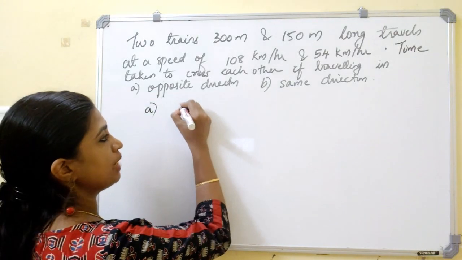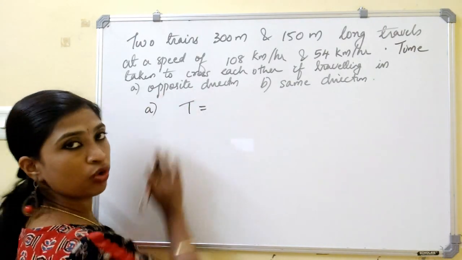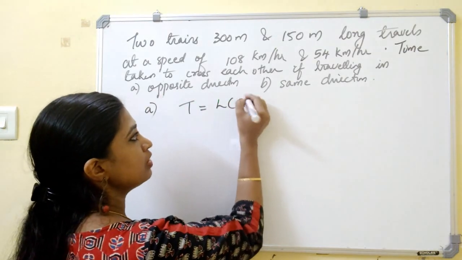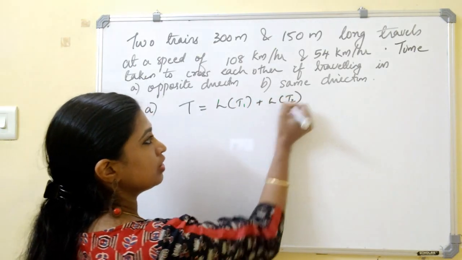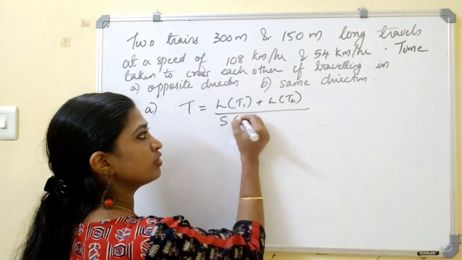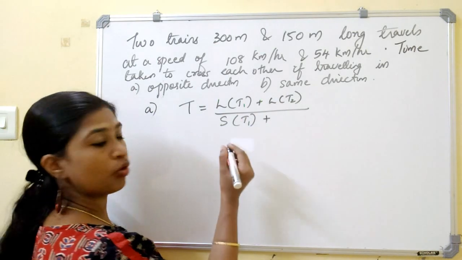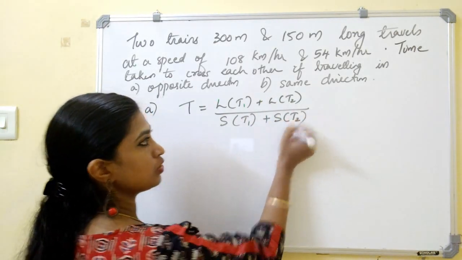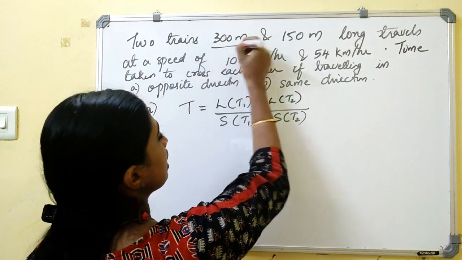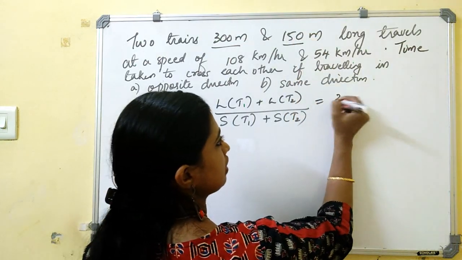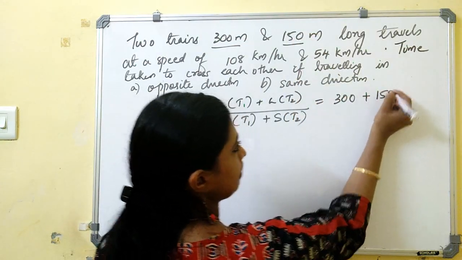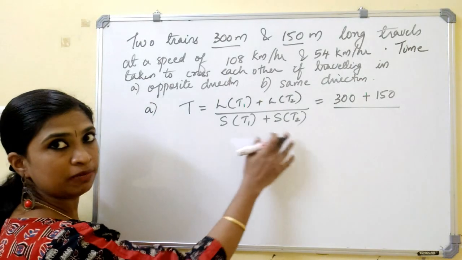In the first case, time taken to cross each other when they are traveling opposite direction is length of train 1 plus length of train 2 by speed of train 1 plus, because they are in opposite direction, speed of train 2. Length of train 1 is 300, length of train 2 is 150. So 300 plus 150, both are in meters. So speed should also be in meter per second.